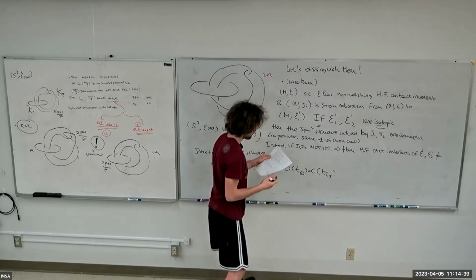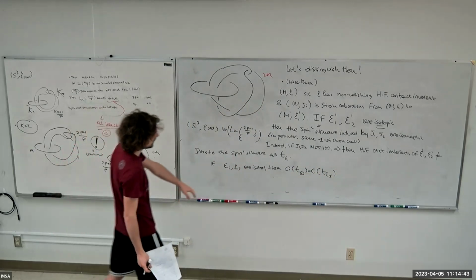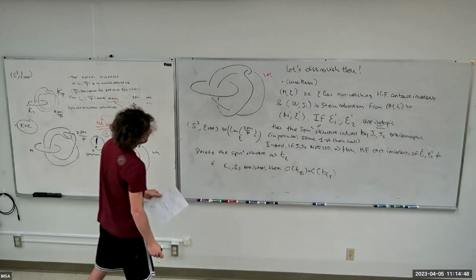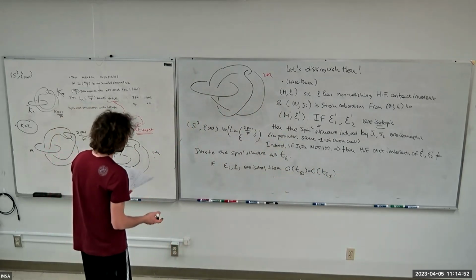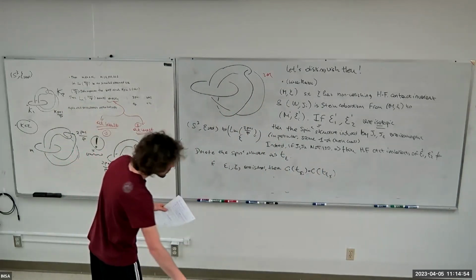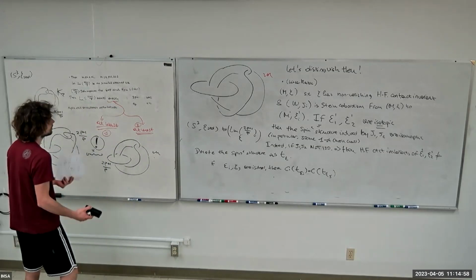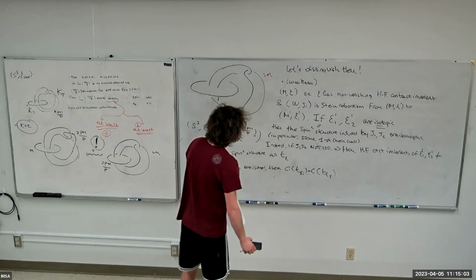So if I want to distinguish between these tight contact structures that I constructed, I can just show that these are actually different. And so that's exactly what I will do. But to do so, I first need another result that tells me how to actually compute these objects.